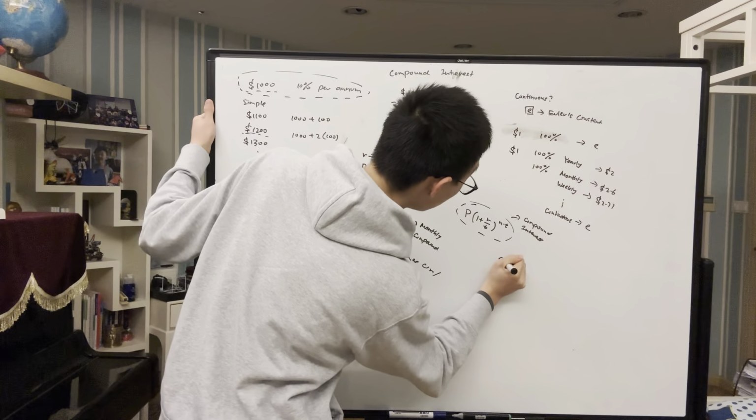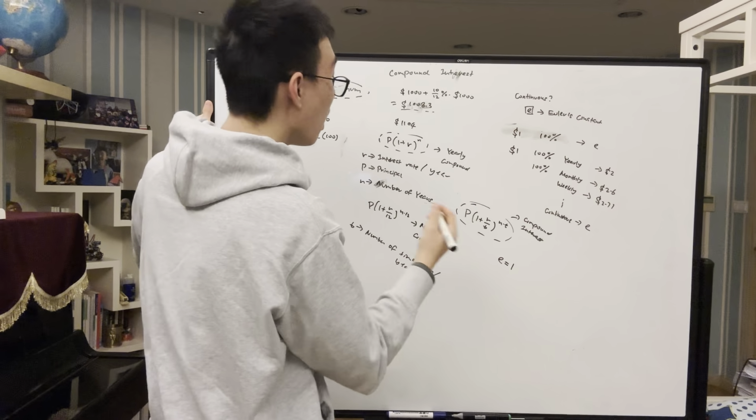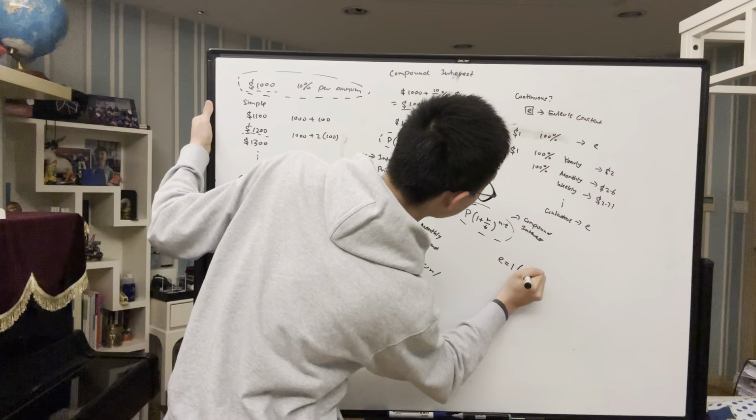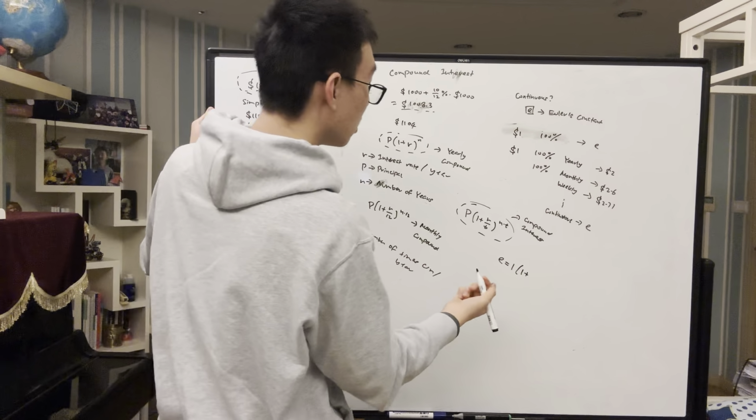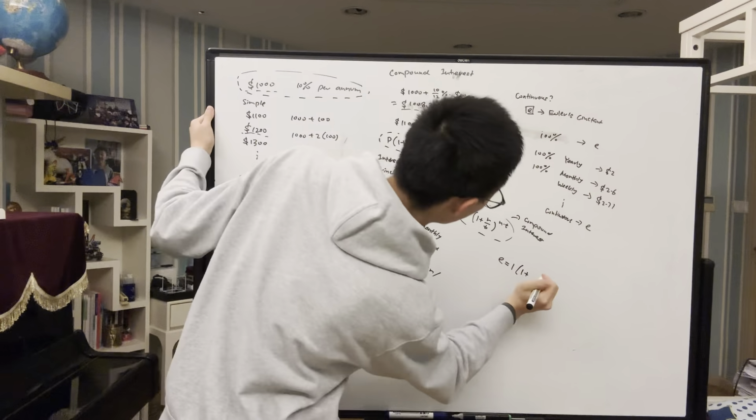And through our compound interest formula, what would e be equal to? Well, e would be equal to our principal amount, which is 1, multiplied by 1 plus r over t. But in this case, what is r? r is just 1, 100%, right? 1 over infinity to the infinite power, because it is compounded infinite times within a year.